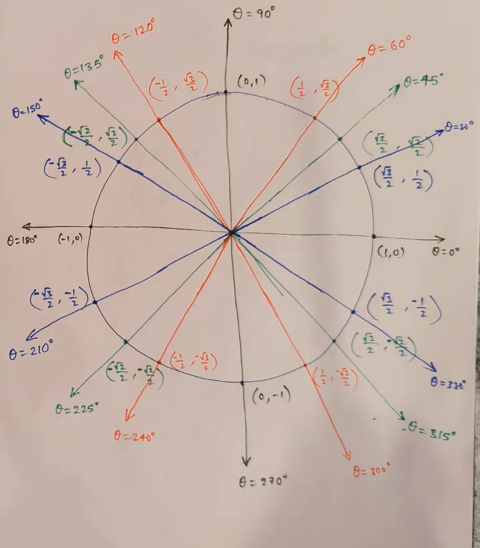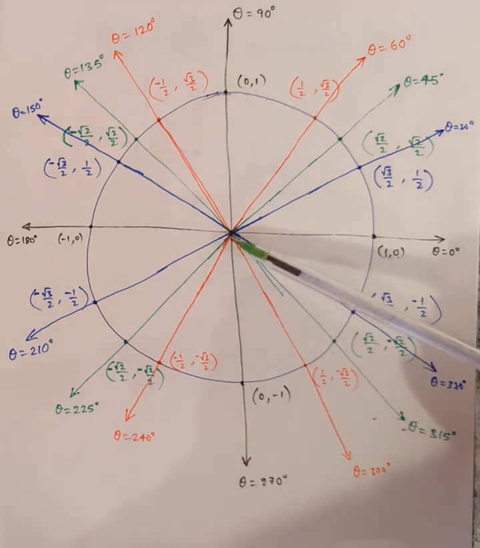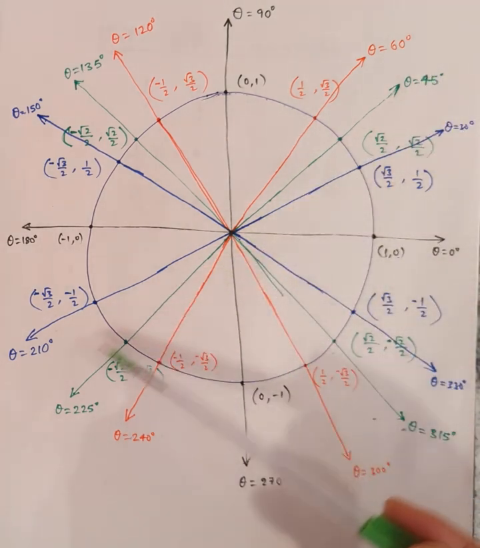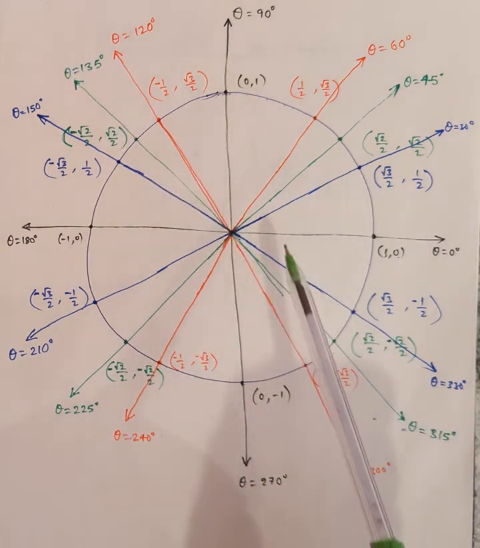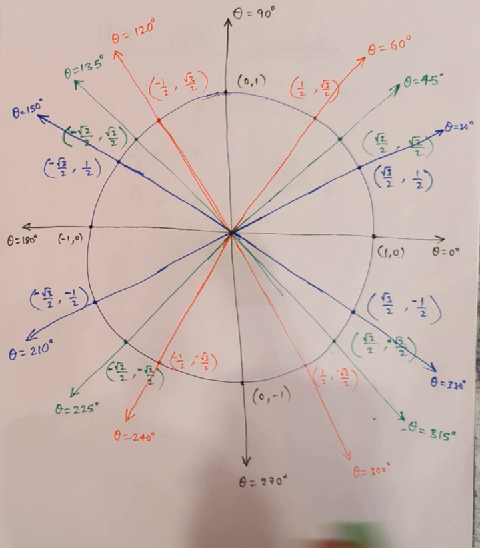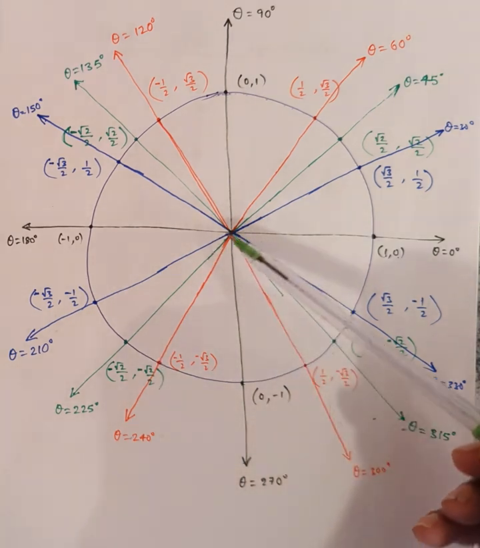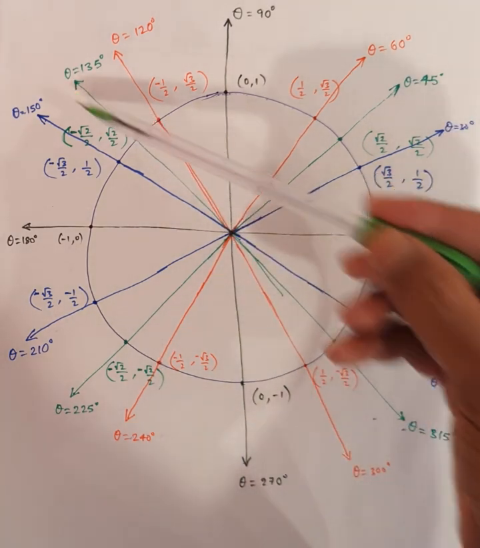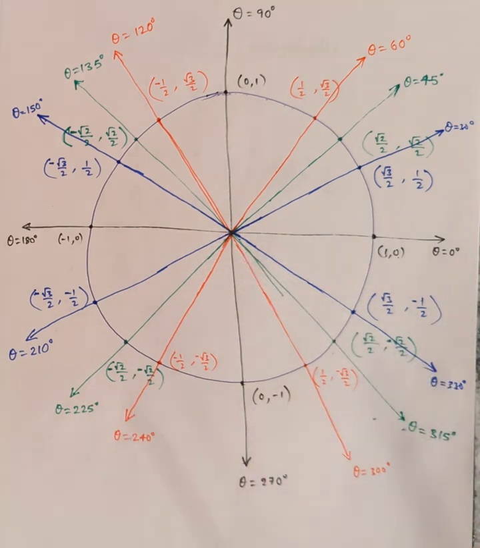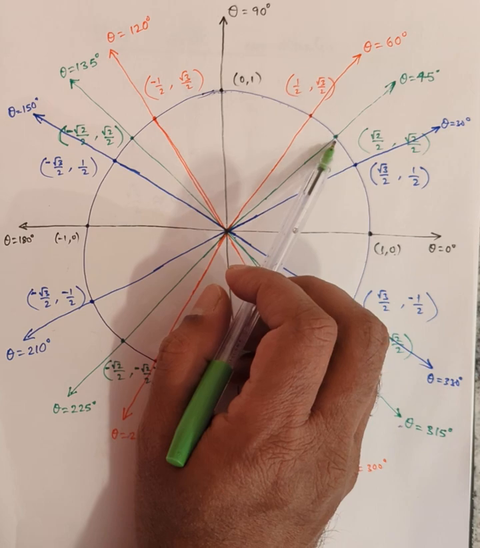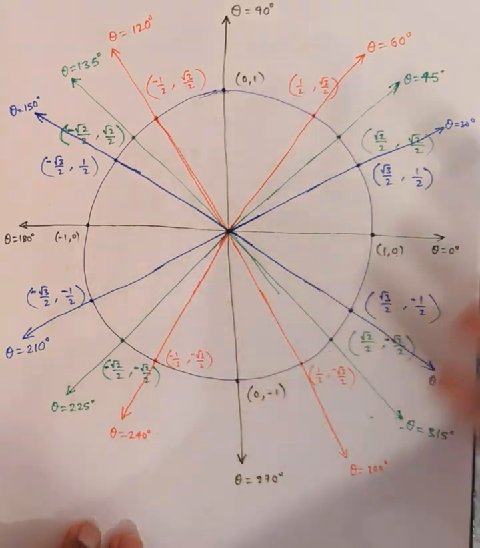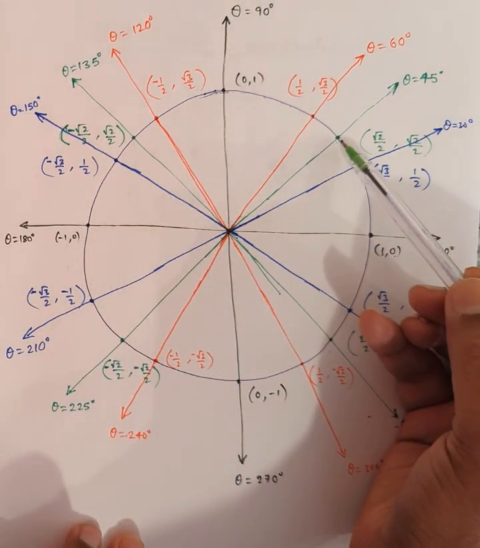Once you have these 4 points, you want to build these lines that go in the northeast, southwest, northwest, southeast directions. So if this is east, north, west, south, then this is northeast, that's northwest, this is southwest, and this is southeast.